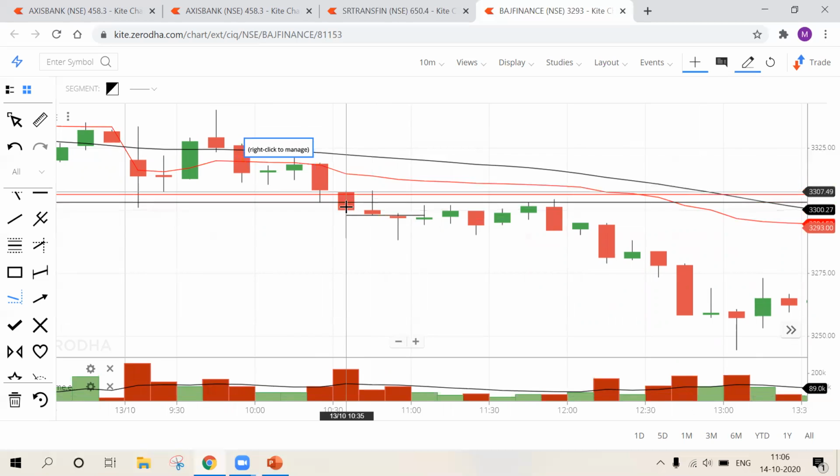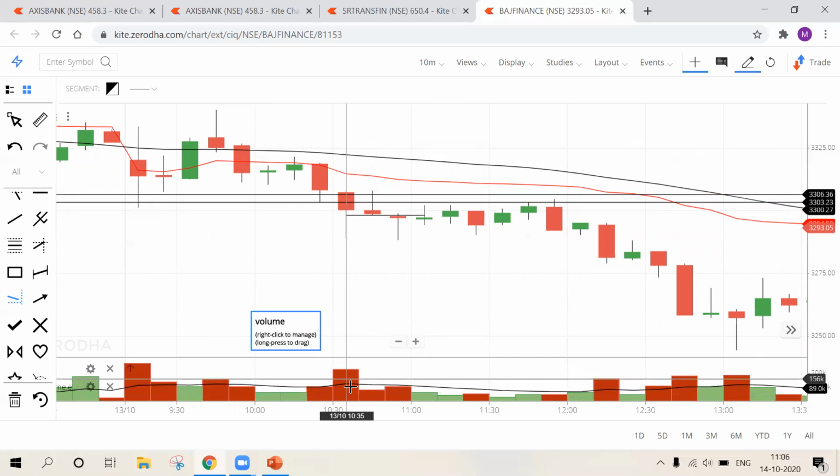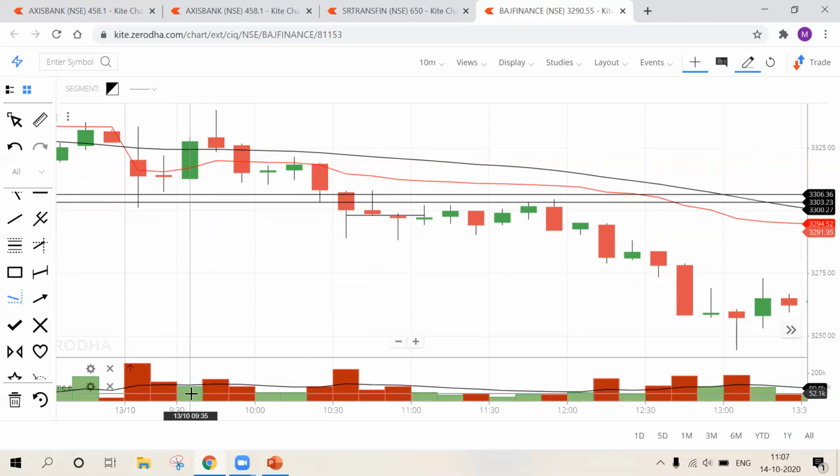This candle is also a breakout candle. Look, the volume bar is more. Look at the moving average on the volume bar. That means more than average number of sellers are coming to the market if the bar is more than this black line. If the volume bar is red, that means more sellers are coming. If the volume bar is green, that means more buyers are coming.